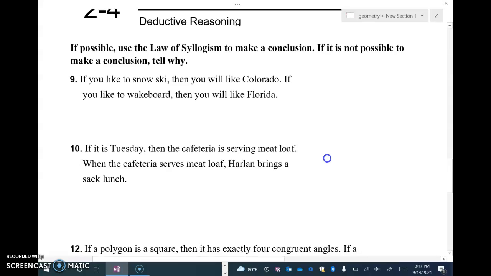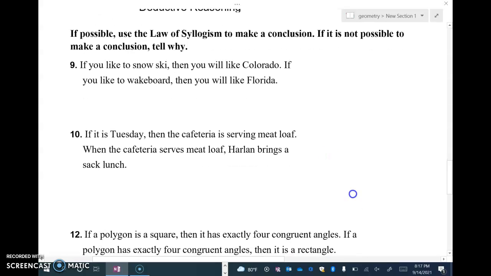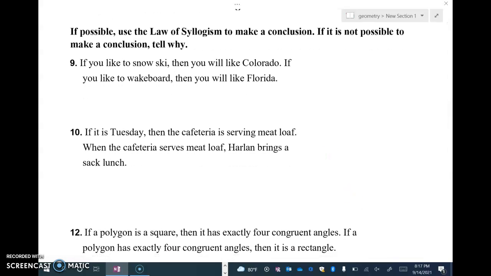Now let's go on to this next page. Same thing, so it's the same instructions. If you like to snow ski, then you will like Colorado. So if P, you like to snow ski, then you'll like Colorado. Now it says, if you like to wakeboard, which is neither of those, right? That's something new. Then you will like Florida. That's also something new, so let's just give it something completely different.